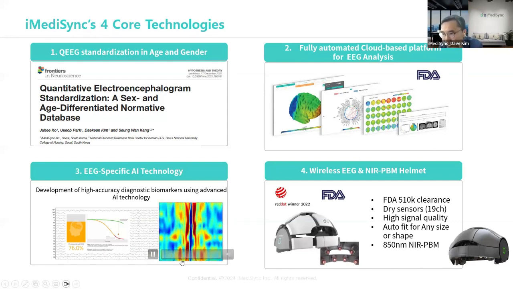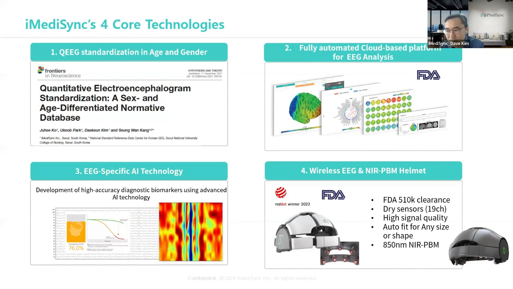And third, our core strength is this kind of AI biomarker analysis. In the EEG world, the time dynamics is very important. For the same EEG rhythm, theta rhythm, gamma rhythm, beta rhythm itself, the dynamicity of that rhythm is very important.